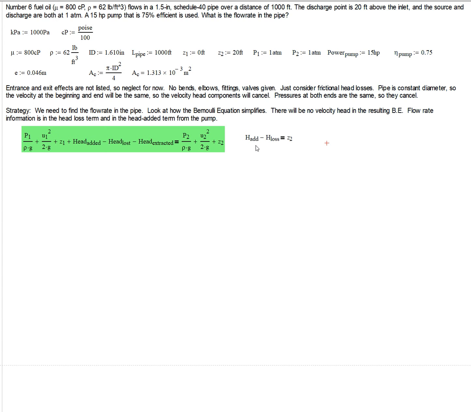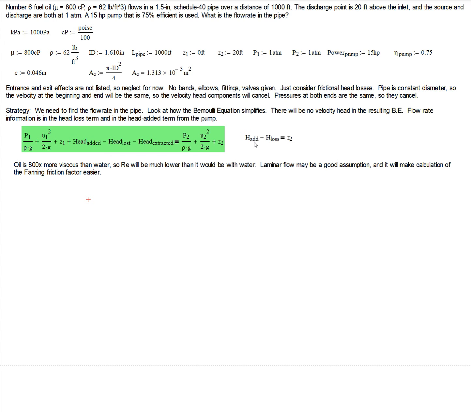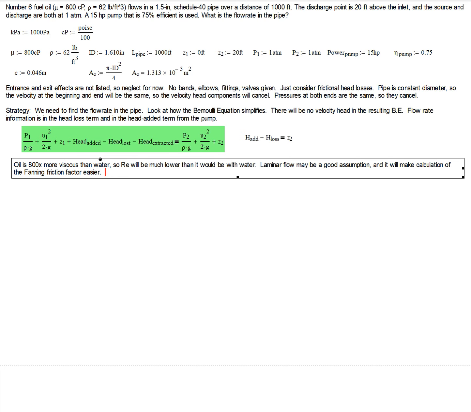So our flow rate, or our velocity, however you want to think of it in terms of mass flow rate, linear velocity, or volumetric flow rate, it is actually buried in these two terms. So anyway, what we will have to do is eventually expand these terms to include the functional dependence on linear velocity and then solve for the linear velocity. So let's start doing that.